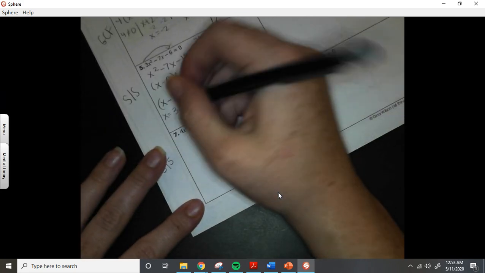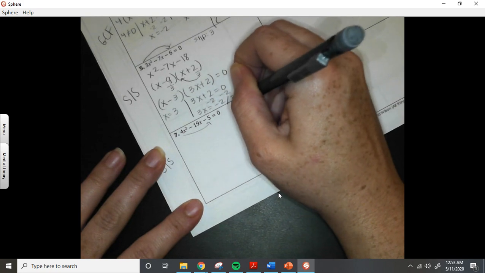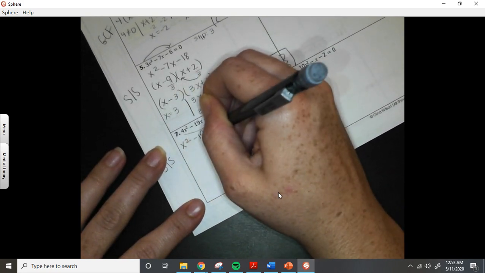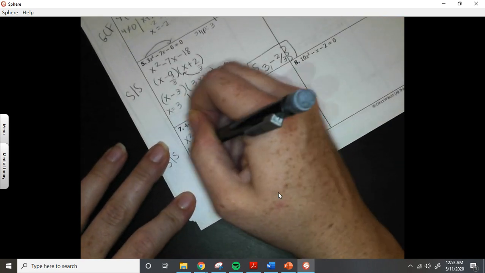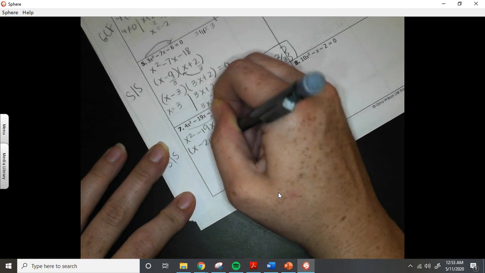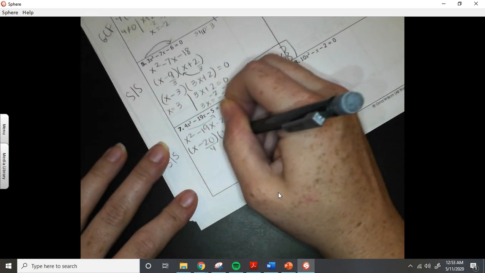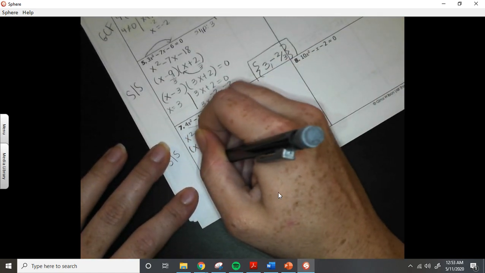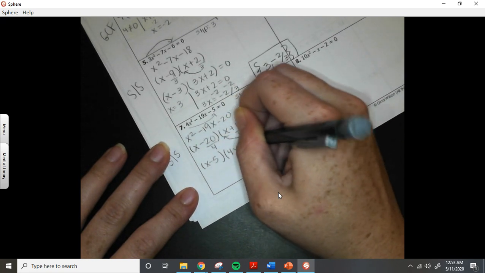All right, so we're going to slip this 4. So we have x squared minus 19x minus 20, which is x minus 20, x plus 1. We're going to divide by 4. This one can be reduced into x minus 5. This one cannot, so we're going to slide it, and this becomes 4x plus 1.